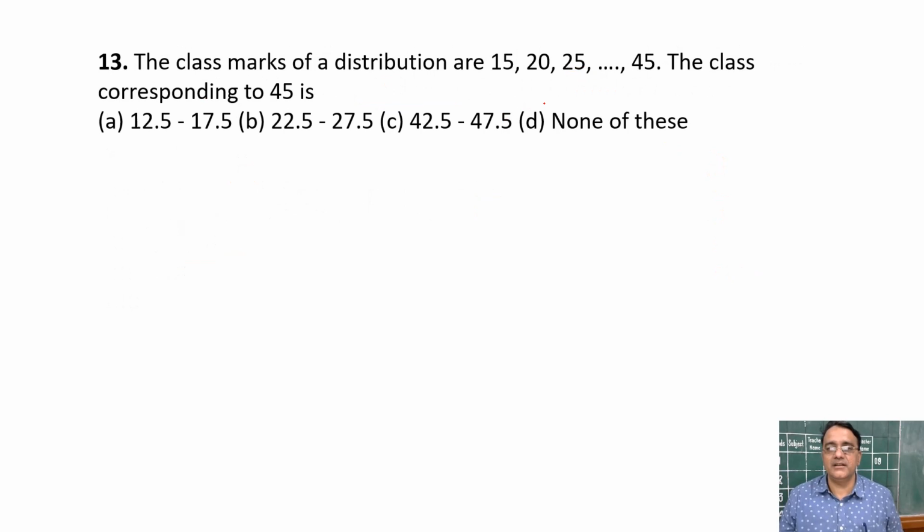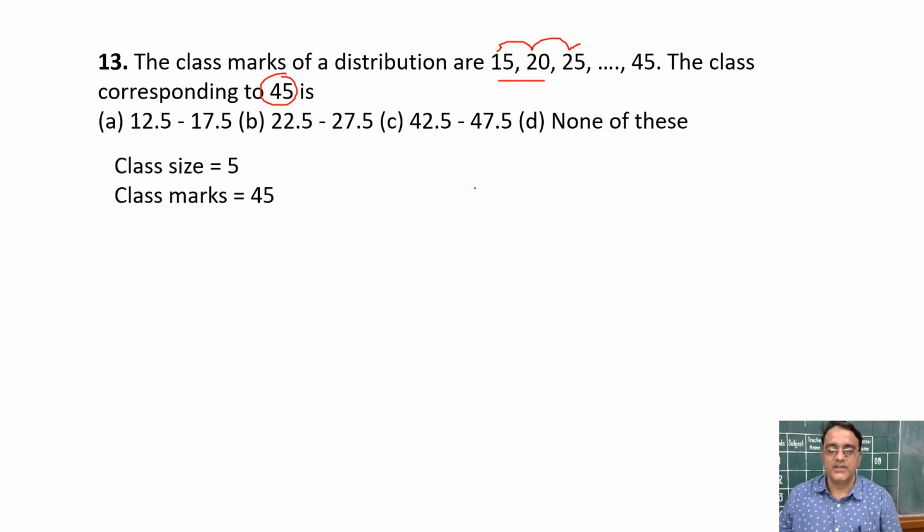The class marks of a distribution are 15, 20, 25, 45. The class corresponding to 45 is dash, right? तो यहाँ पे ध्यान से देखो क्लास साइज कितना है, 5. Class size is 5 and class mark is given 45. So what we will do, we will subtract the half of class size from the class mark to get the lower limit.